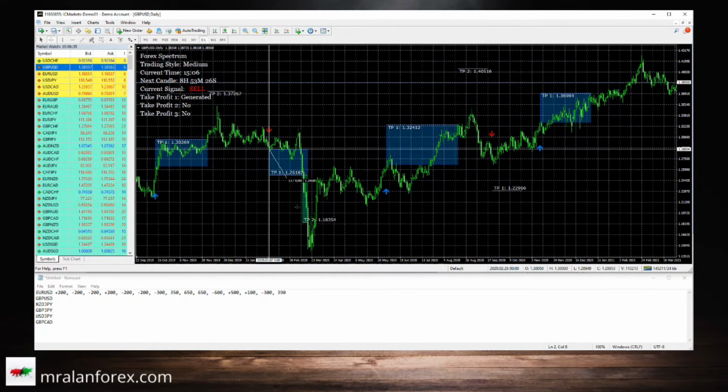So it's 383, 370, 1,060, 370, 1,060, and then we don't get the third one, so we stop that here, but that's still in profit. That's still at 210.